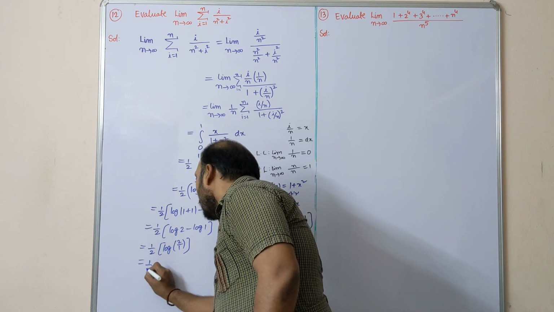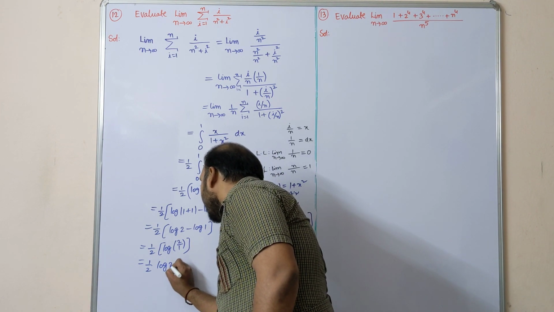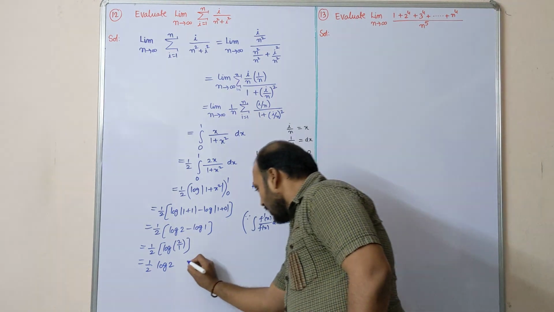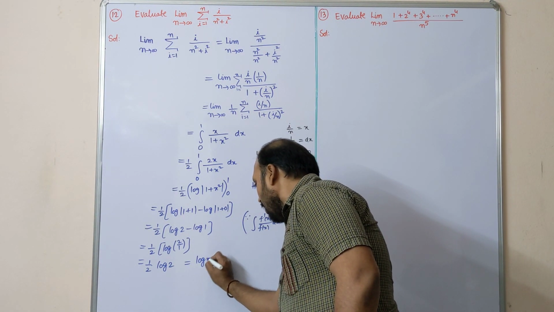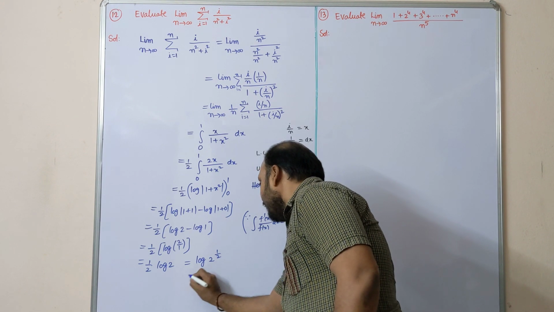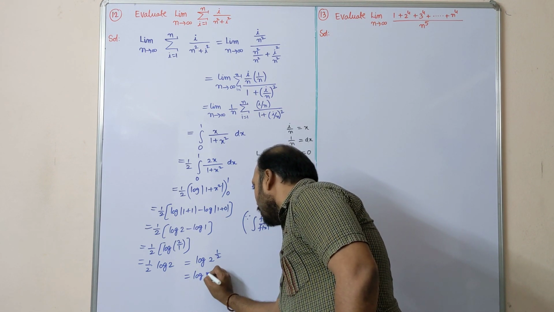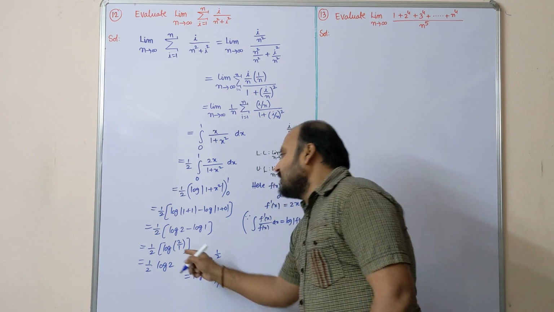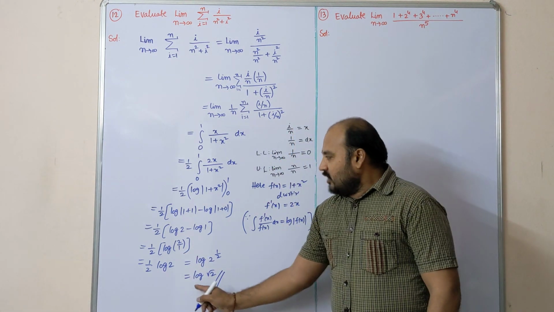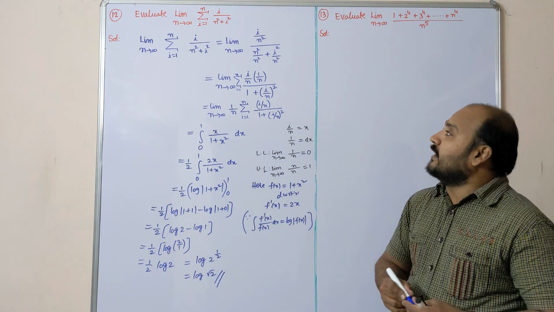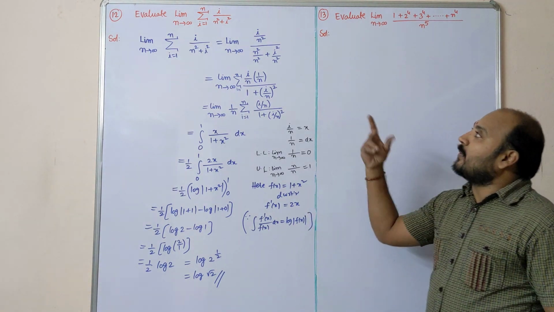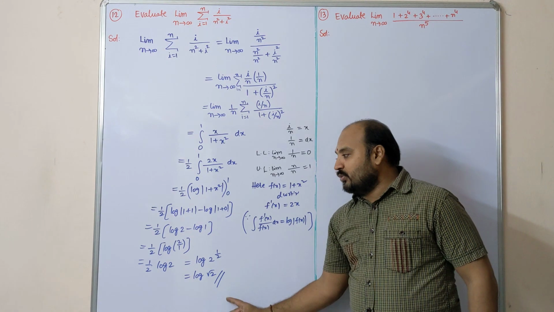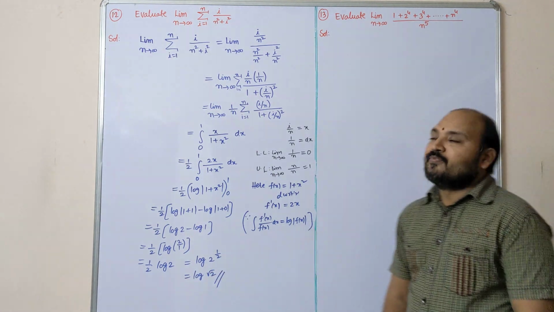So half into log 2. Even this is also a correct answer. But if you want to write 1 by 2 as a power, log 2 power 1 by 2, that is equal to log root 2. All answers are correct, dear students. So the given limit n tends to infinity, sigma I equal to 1 to n, I by n square plus I square value is log root 2 or half log 2.